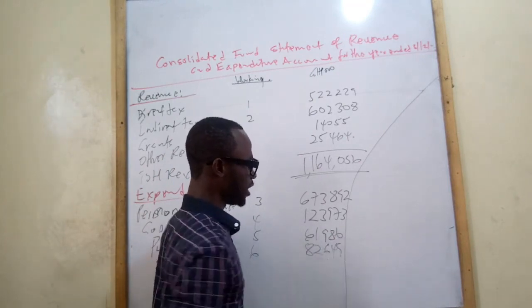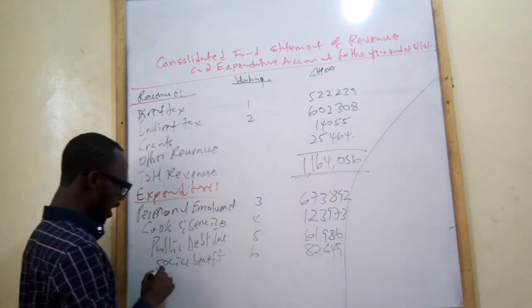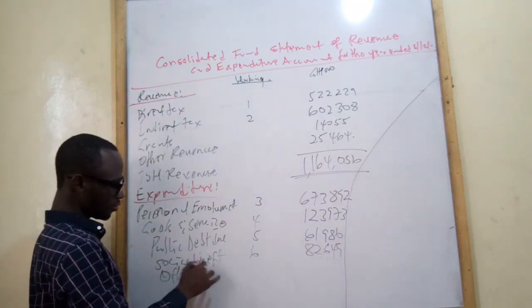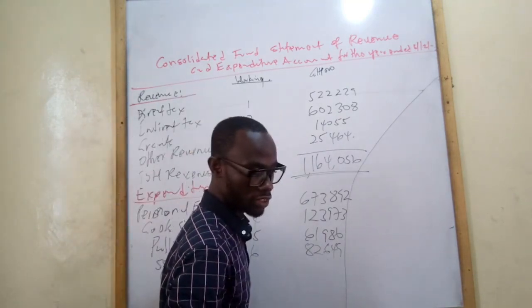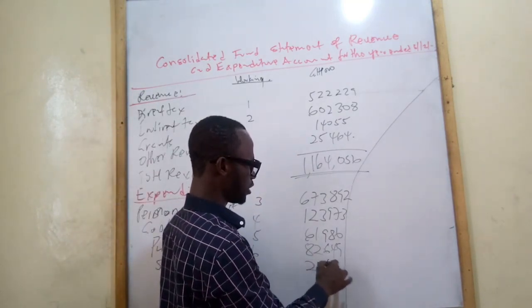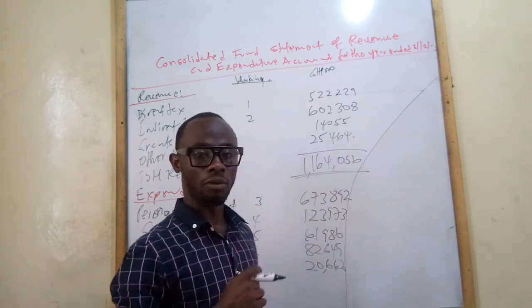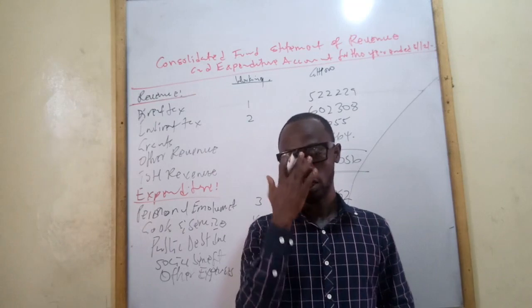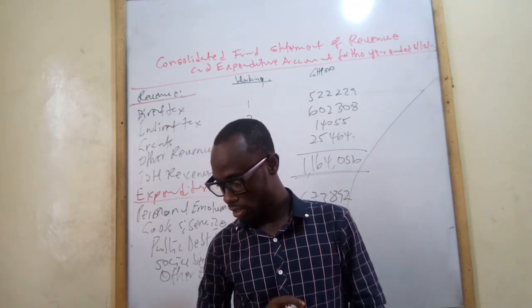82,694,649. And then we saw other expenses. We just bring that one straight up on the face of the statement, and that is 20,662. And then remember what I said about the capital, what was the statement?